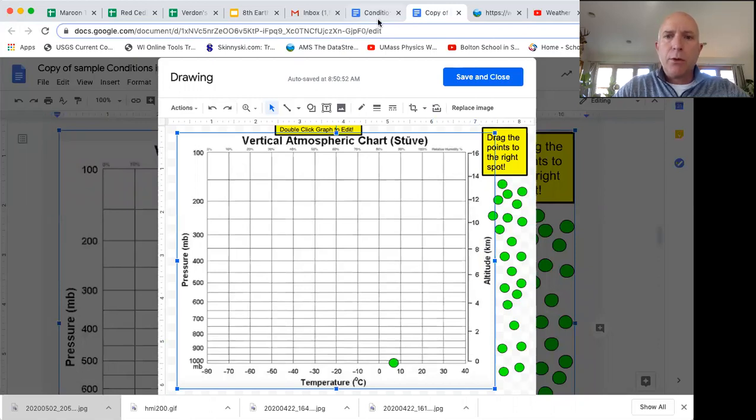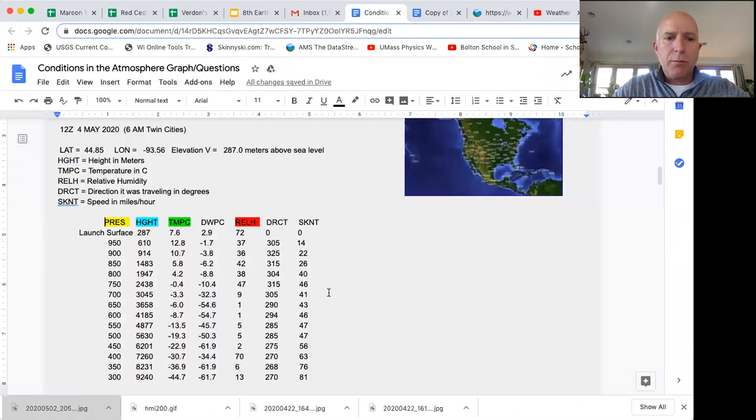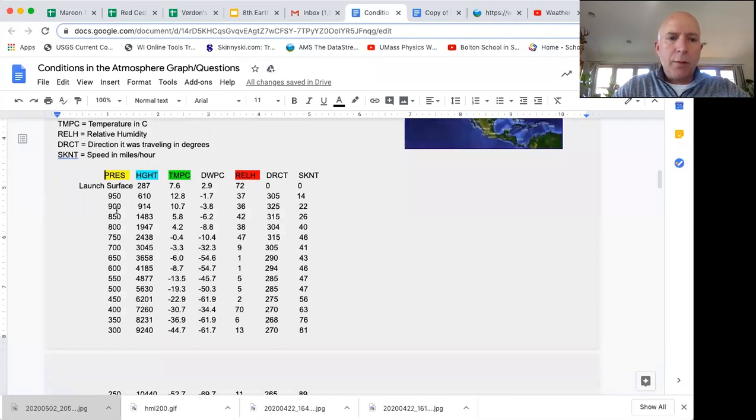As the balloon went up into the atmosphere, the temperature is recorded here. So let's say, for example, at a height of 5,600 meters, which is the air pressure of 500 millibars, the temperature was 19 below Celsius.